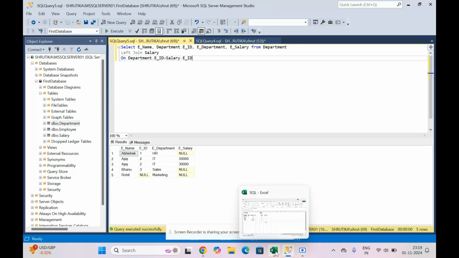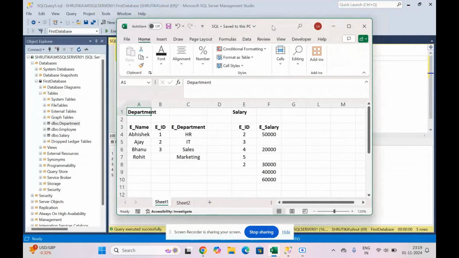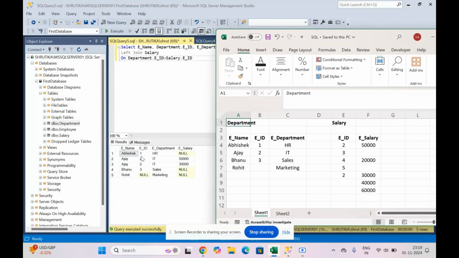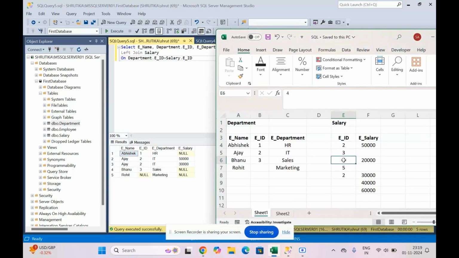So I'll open my Excel on one side so that it is easier. So my first row of data says Abhishek, whose ID is 1, department is HR, the salary is null. So that's right because we don't have a matching ID for 1. So that's why the salary is null.